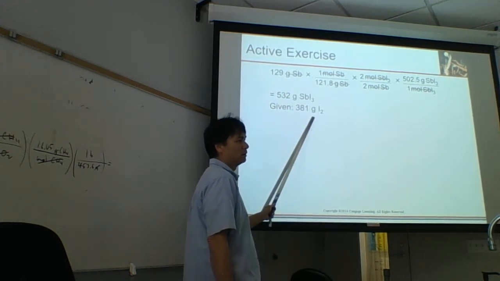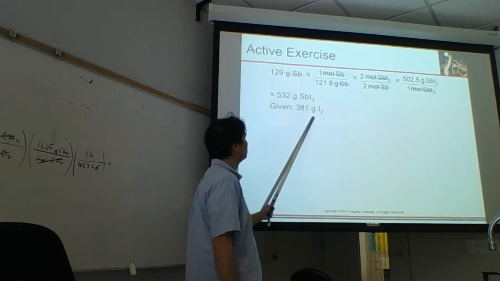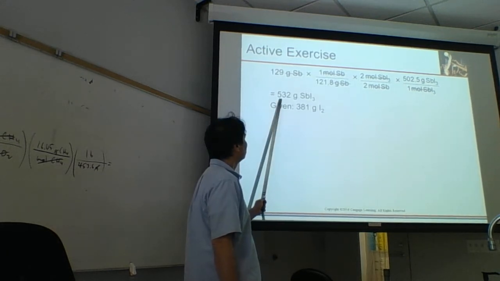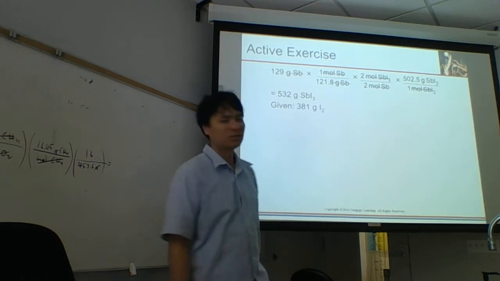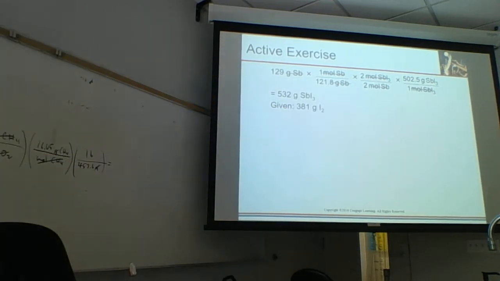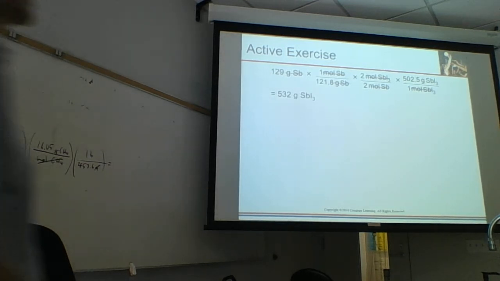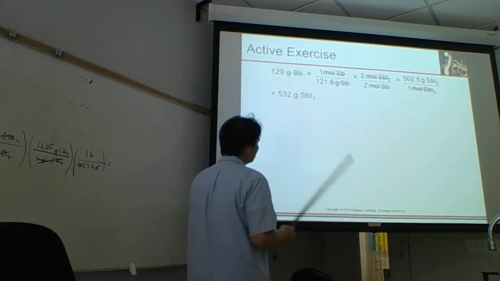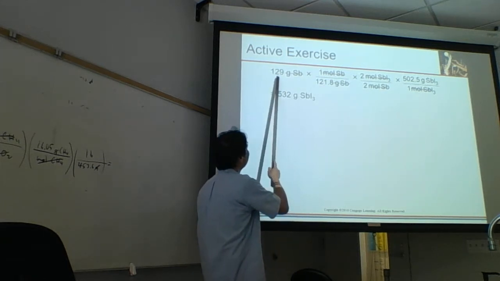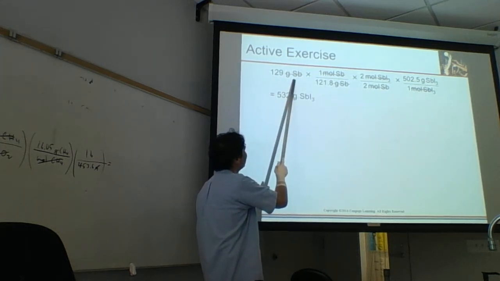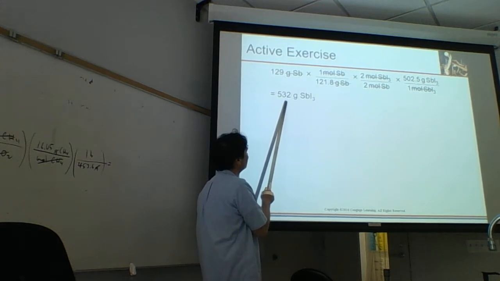Isn't the result 532? Oops, is that right? 532. I was reading the wrong number, sorry. Now I've got to switch my thinking. Sorry, ingredient A here can make 532.